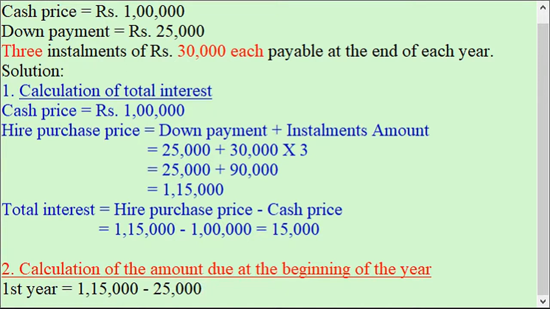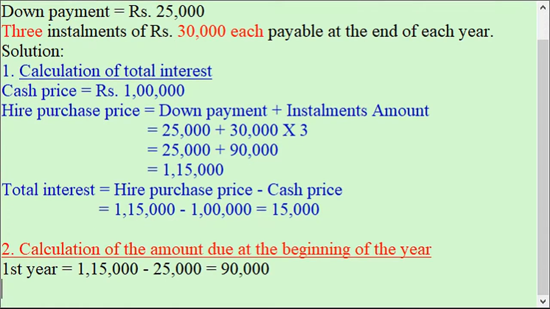First year beginning, you got the asset, the total price for the asset under hire purchase system is 1,15,000, and you paid initial payment of 25,000. That's your down payment. So after making the down payment, first year beginning, the amount due is rupees 90,000.